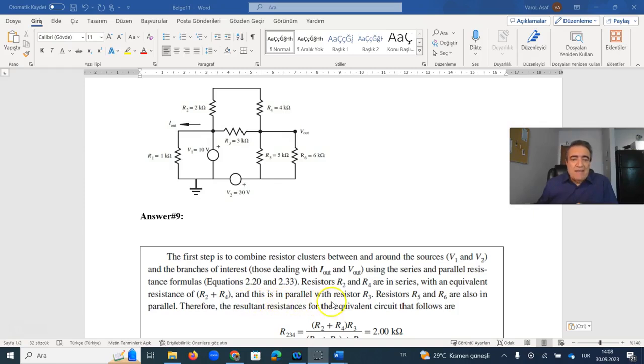And this is in parallel with resistor R3. After you calculate the total resistance of these two resistors, then it is parallel to R3. Therefore, you have to remember the calculation of parallel resistors.